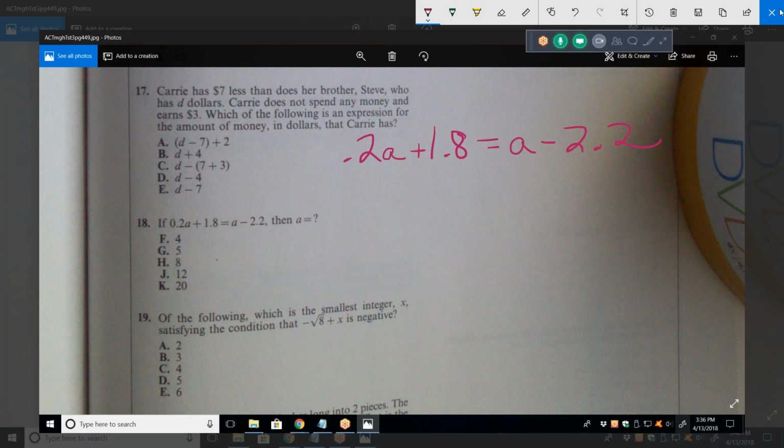Now, the first question you have to ask yourself when you're doing that is, am I going to put the A's on the right side or on the left side? In this case, I would say the left side. If I put it on the left side, I'm going to have a negative coefficient, which is okay. So I'm going to subtract A from both sides. What does that give you on the left? What is 0.2A minus A?